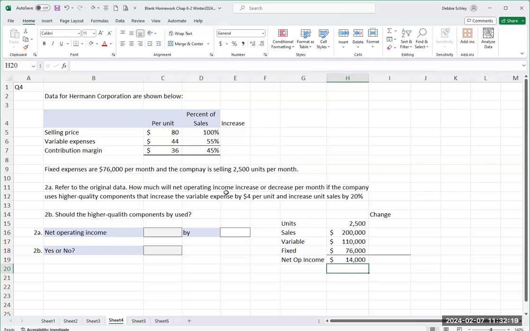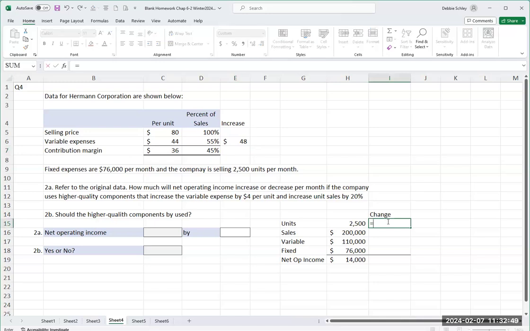How much will net operating income increase or decrease per month if the company uses higher quality components that increase the variable expense by $4 per unit? Okay. So now my variable expense is going to be this plus 4. And increases unit sales by 20%.